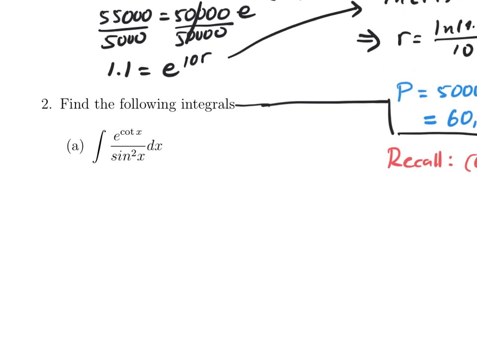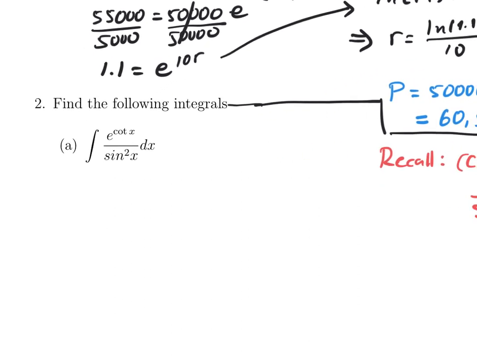Hence, if you rewrite the integral before you solve it, you don't have to, but it could make it easier. This is the same thing as e to the cotangent x times cosecant squared x dx. So therefore, if u is equal to cotangent x, using the substitution method from calculus 1, du will be minus cosecant squared x dx.